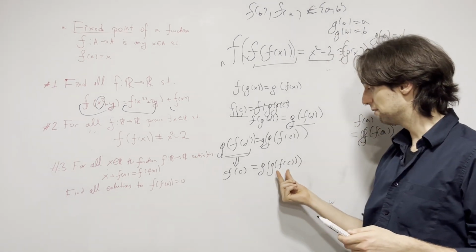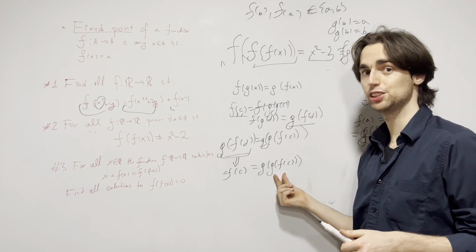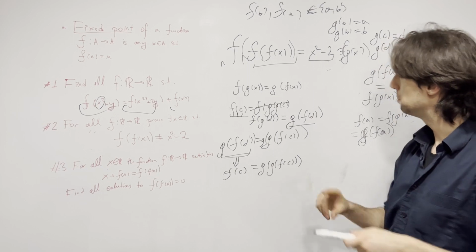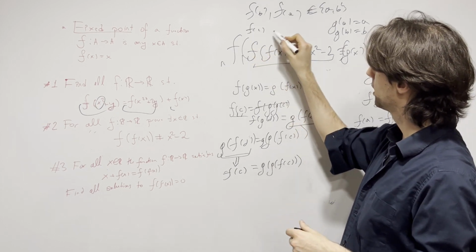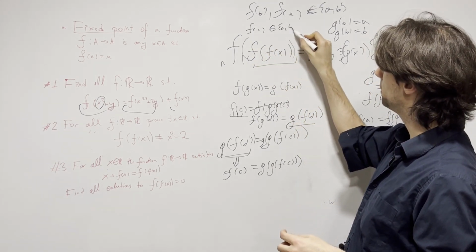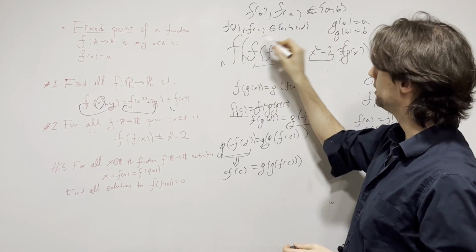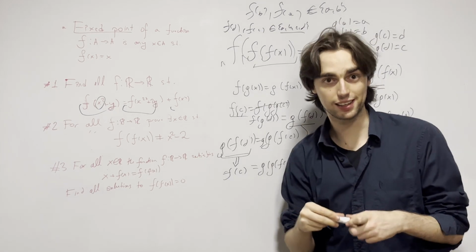So now f of c is a fixed point of g of x, which means f of c needs to be one of a, b, c, or d. And similarly, f of d needs to be one of these things.